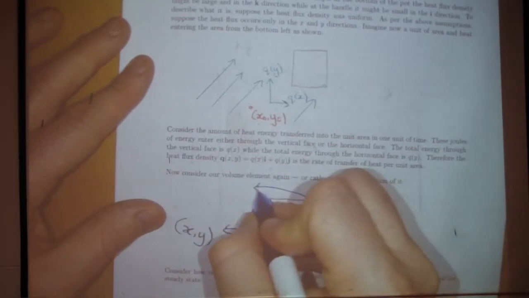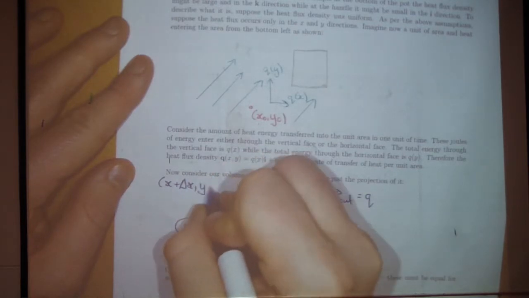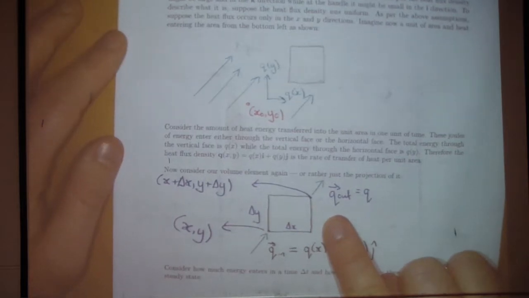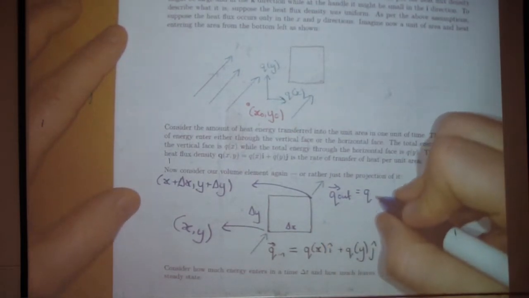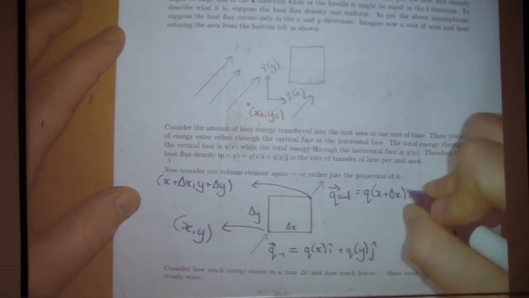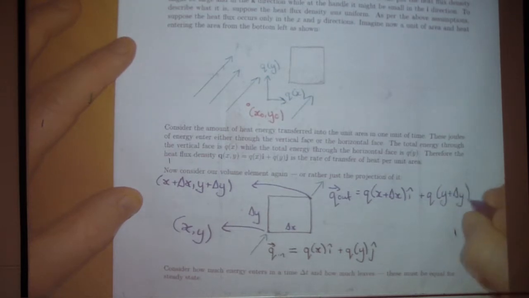And this coordinate here is x plus delta x, y plus delta y. So the heat flux density vector coming out here is Q of x plus delta x i plus Q of y plus delta y j.